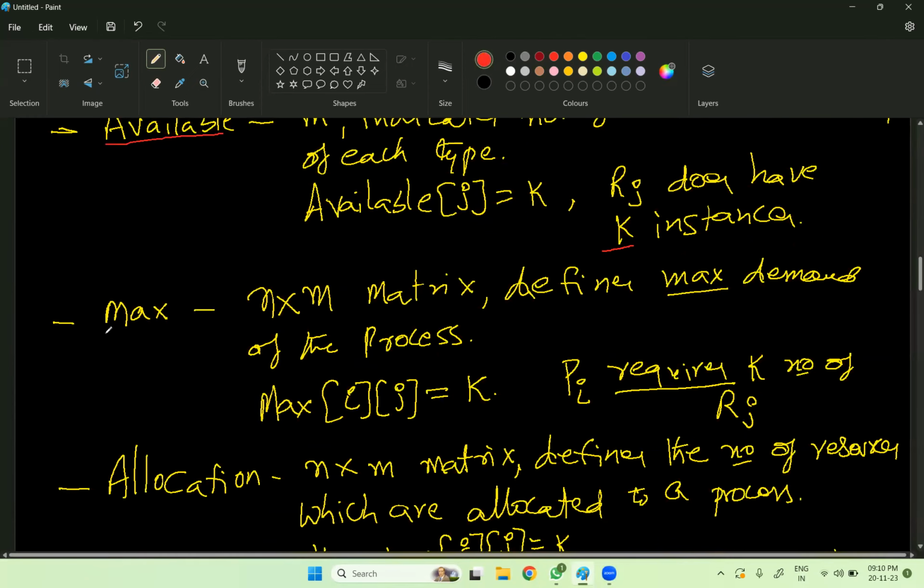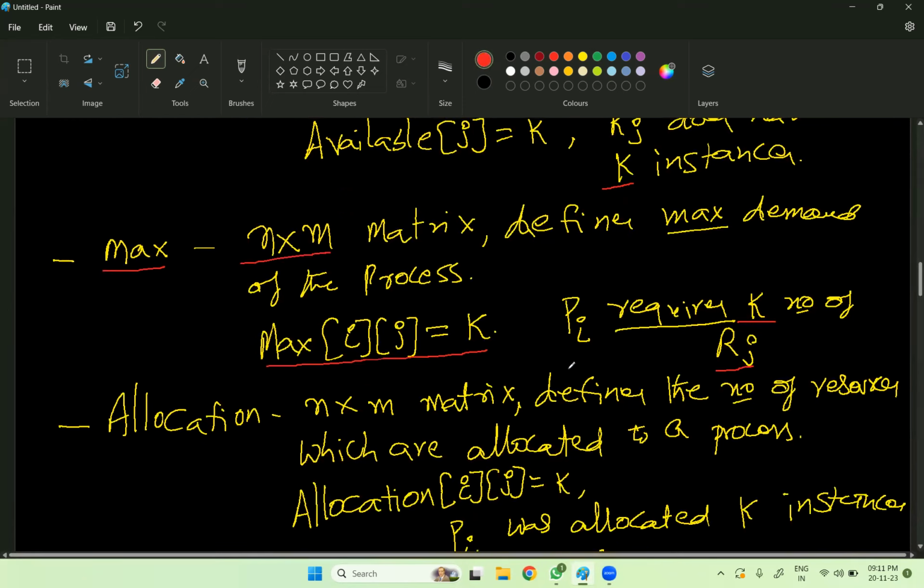And for a particular process, to complete it, I require k instances of resource type Rj. So that is why it is a matrix. This matrix gives you max of i comma j equal to k. That means the maximum demand of a particular process on resource type Rj is defined something like this.